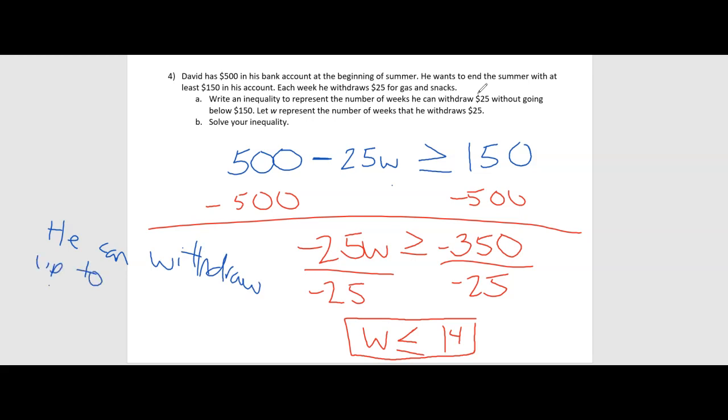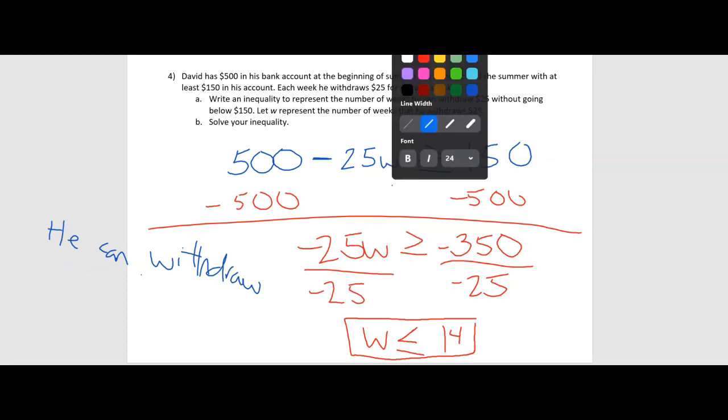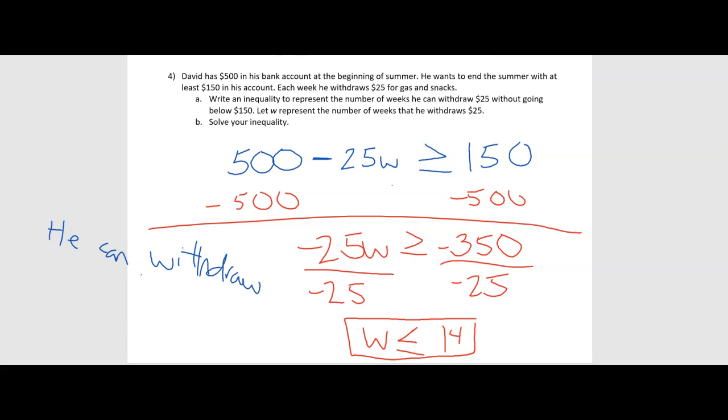Actually, let's rephrase a little bit. He can withdraw $25 up to 14 times. Or you could say he could withdraw $25 no more than 14 times.